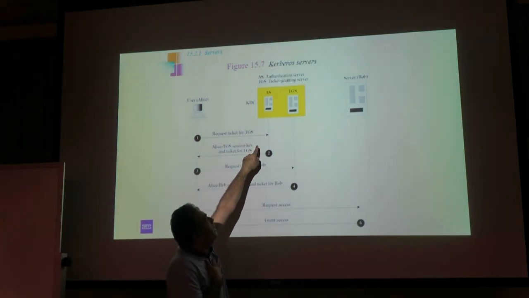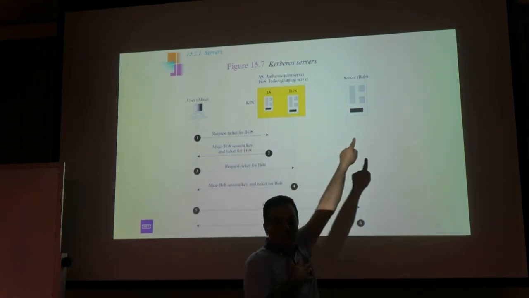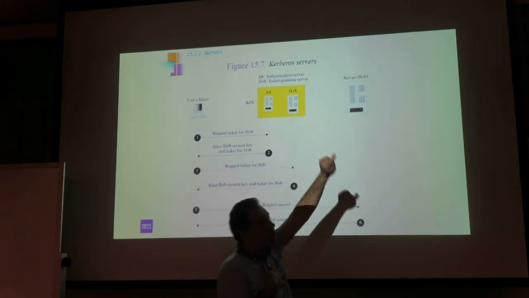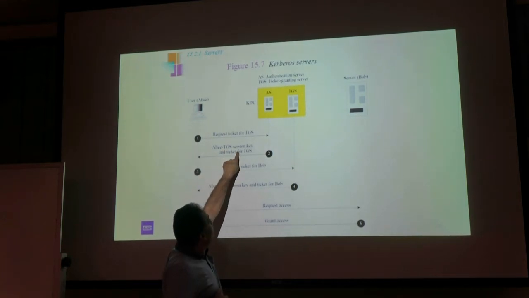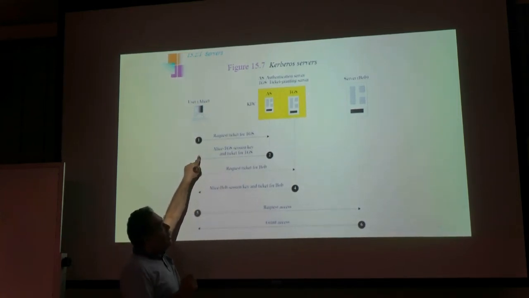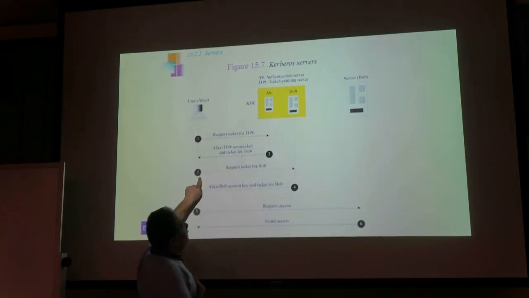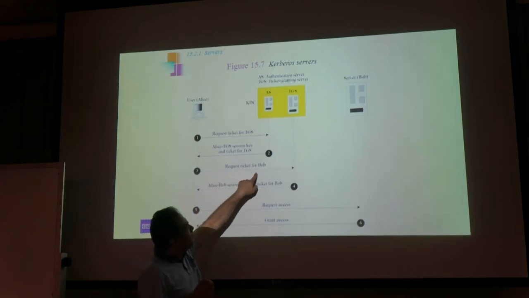Please authenticate me and give me a ticket to the ticket granting center. Then Alice gets the ticket granting center session key and the ticket for the ticket granting center. It will be authorized and given a ticket that they can take to the ticket granting center. Then, because now you have a ticket, you go and request a ticket for Bob.